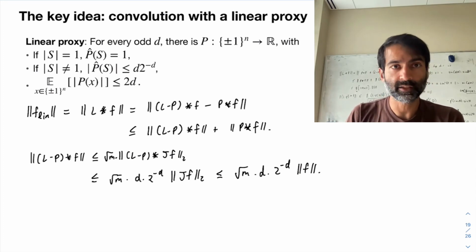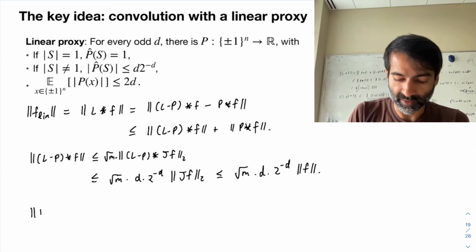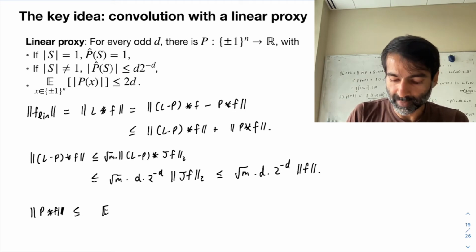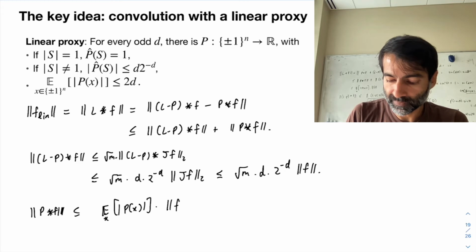Now to bound the second term, we'll use the calculation that we just did. The norm of the convolution of p with f can be bounded by the expectation of the magnitude of p of x times the norm of f.